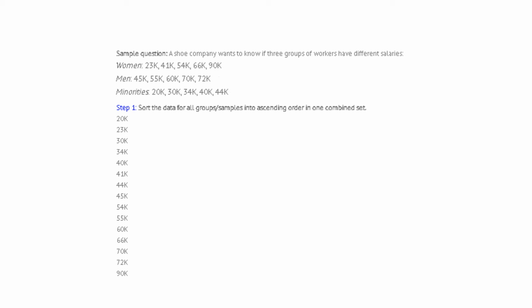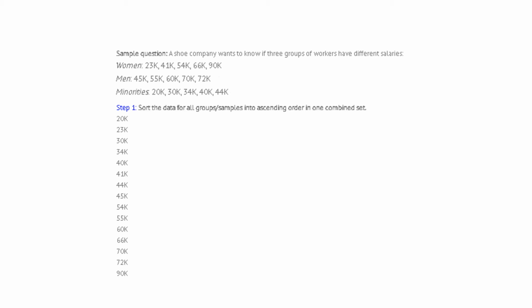Salaries of 5 women are 23,000, 41,000, 54,000, 66,000 and 90,000. Salaries of 5 men are 45,000, 55,000, 60,000, 70,000 and 72,000. Salaries of 5 people from minority groups are 20,000, 30,000, 34,000, 40,000 and 44,000.